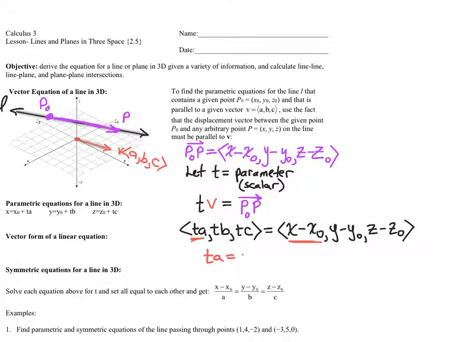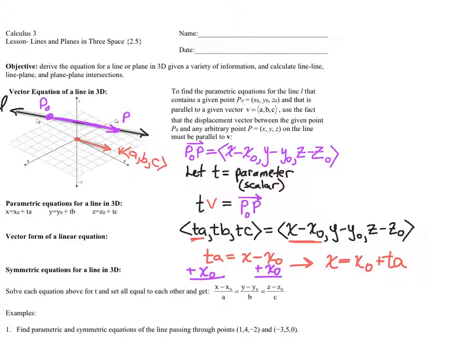TA would be equal to X minus X sub O. If I add X sub O to both sides, that's going to give me, as a result, X equals X sub O plus TA, which is actually my first rule.